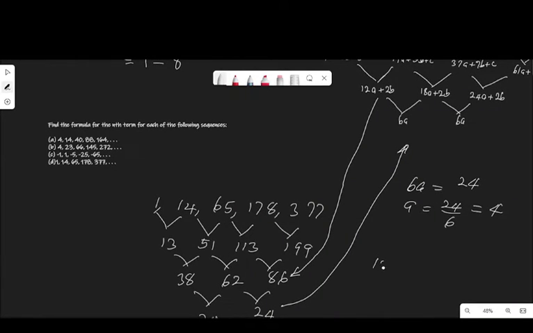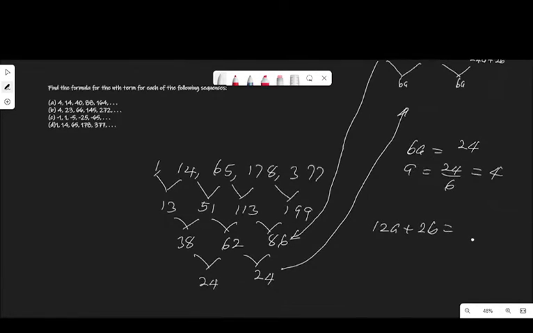Let's take the first one, 12a plus 2b equal to 38.